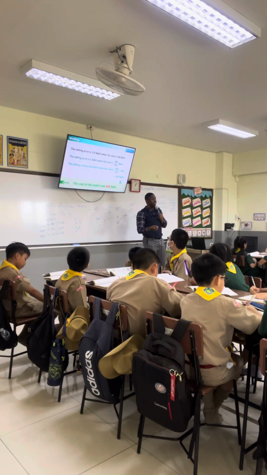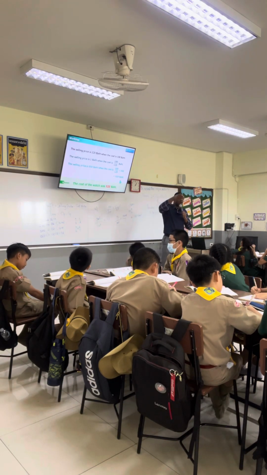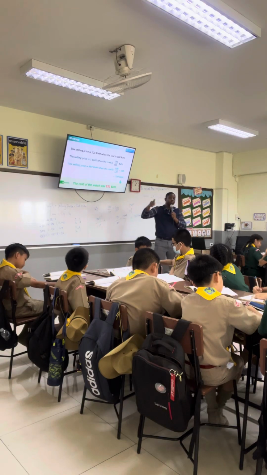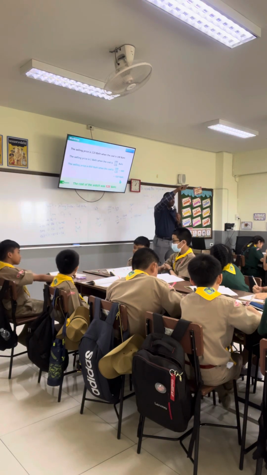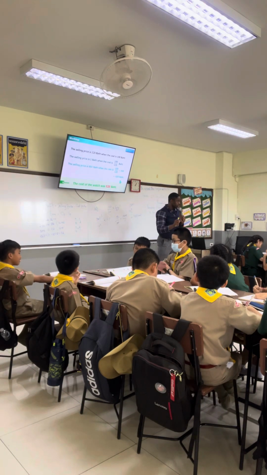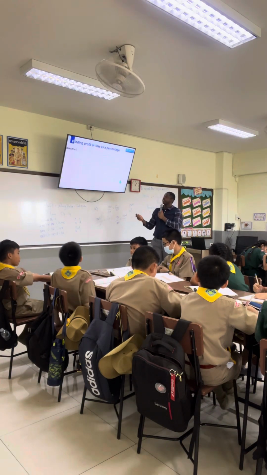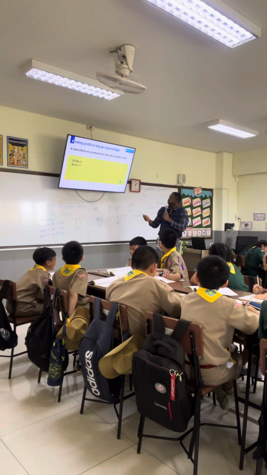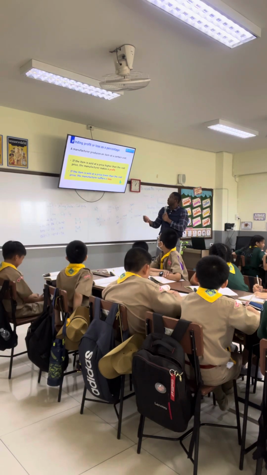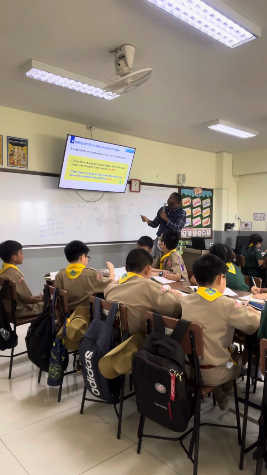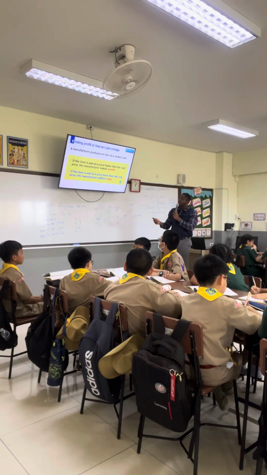Always read the question. If you know the cost price and you don't know the selling price, it is profit over 100. So you need to know where to put the 100. Okay? Now, I have a question. A manufacturer produces an item at a certain cost.